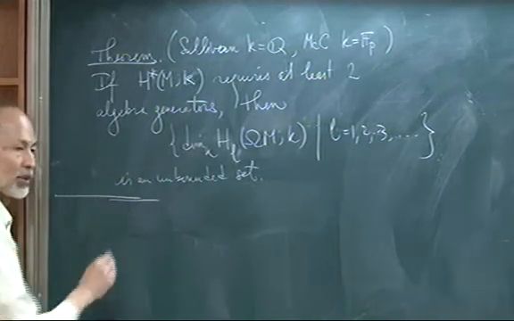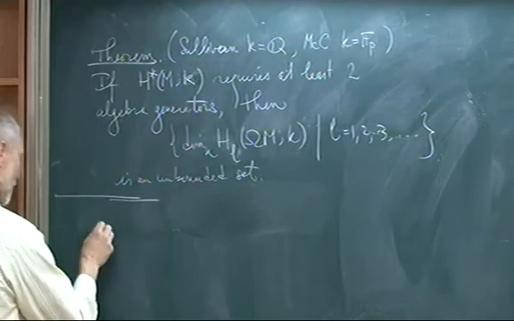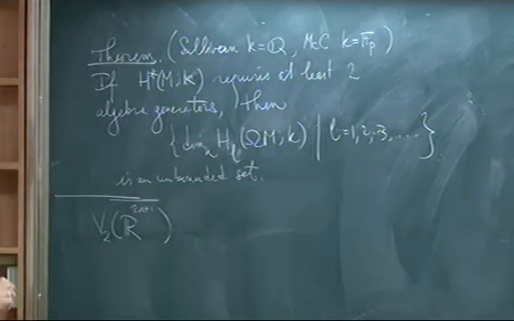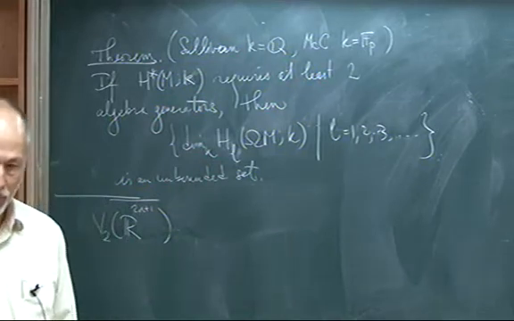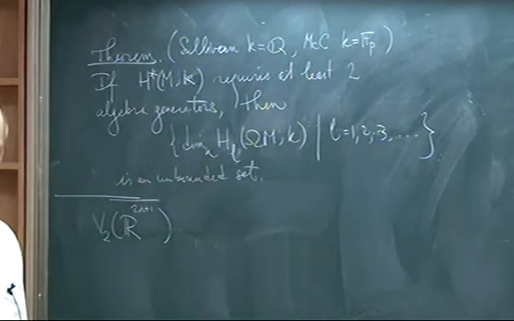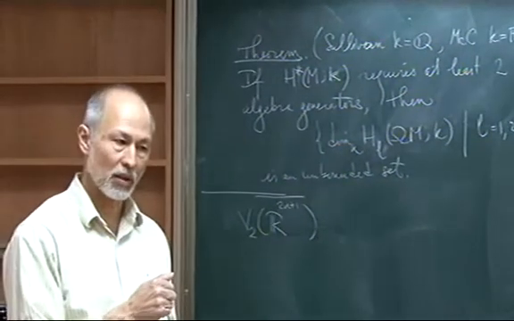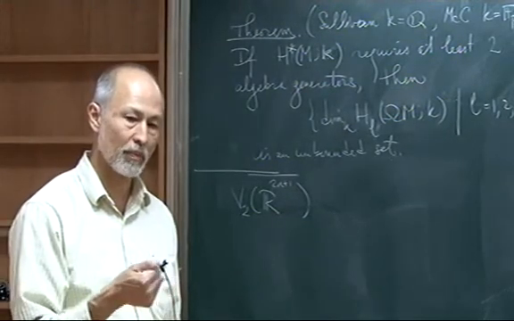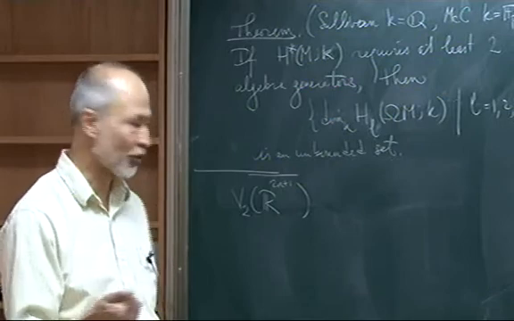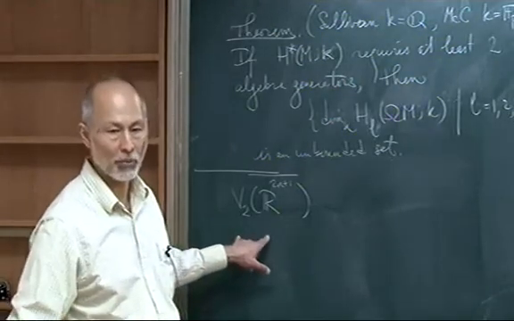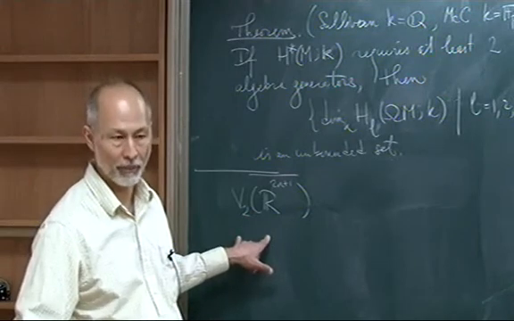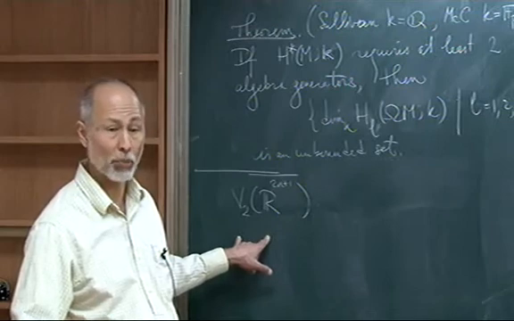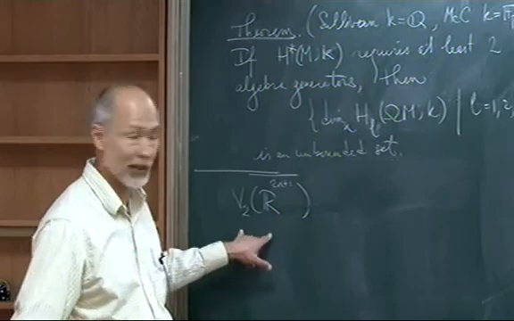Let me give you an example of this. If I take the two frames in odd dimensional, so this is the Stiefel manifold. If I look at this rationally, or I look at it mod an odd prime, this looks like a, I think, 4n plus 1 sphere.